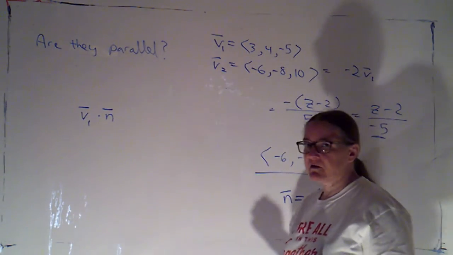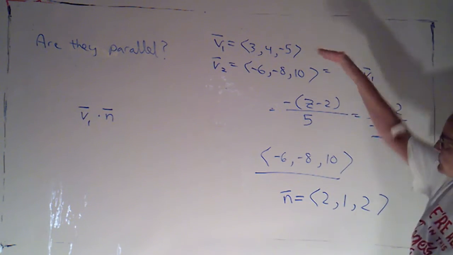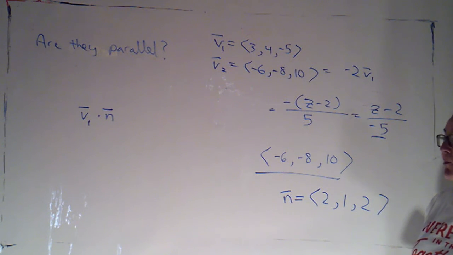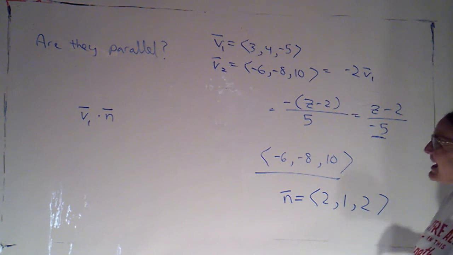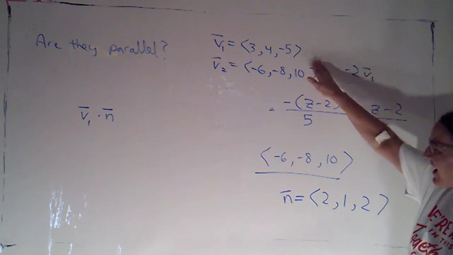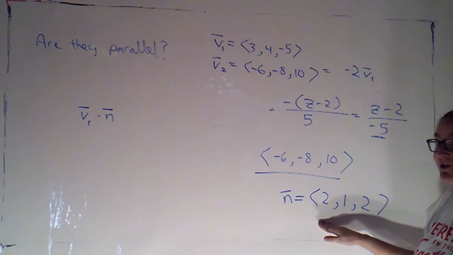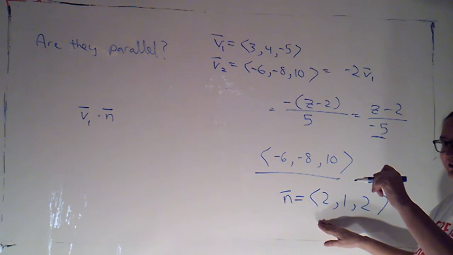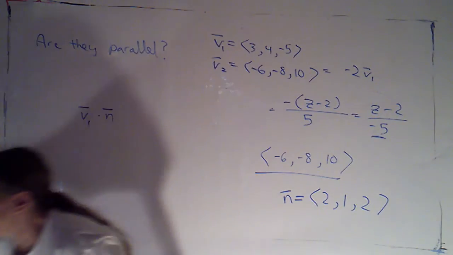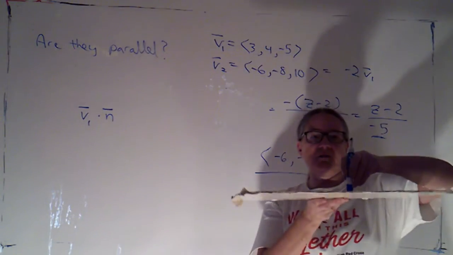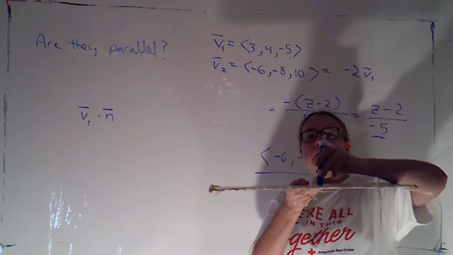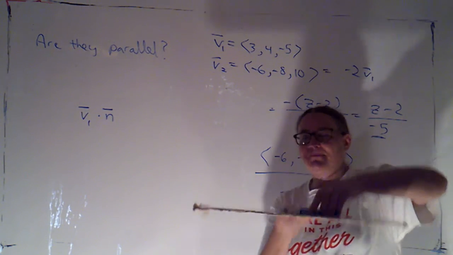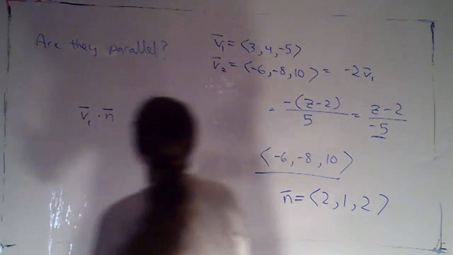If that is 0, since these were non-zero vectors, that means that they're perpendicular to each other. And if the direction vector for a line is perpendicular to a plane's normal, that's going to mean that the line is parallel to the plane. Because remember, if here's my plane and here's my normal, being perpendicular to the normal means being parallel to the plane.